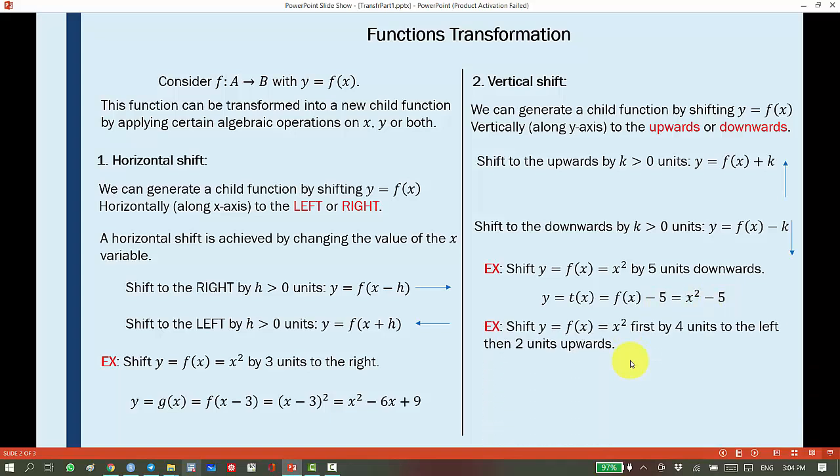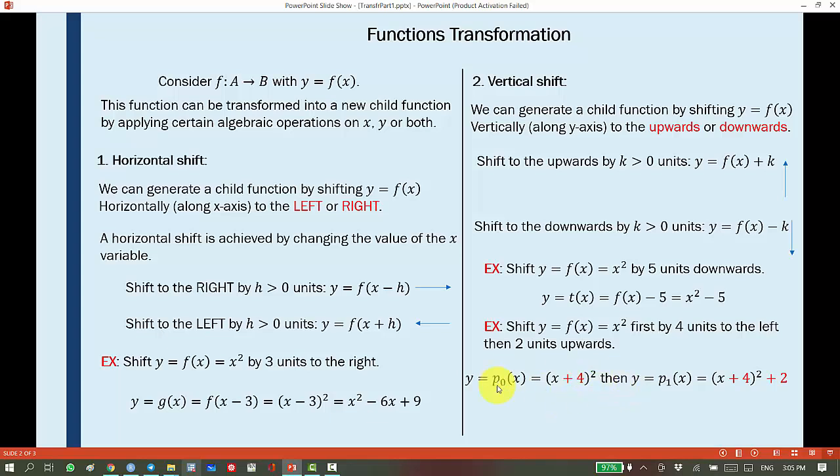Horizontal and vertical shift can be done at the same time. For example, if I consider again this parent function y is equal to x squared, shift it 4 units to the left, then 2 units upwards. Let's first of all shift it 4 units to the left, that is adding 4 to x. Let me call it p0 of x is x plus 4 all squared.